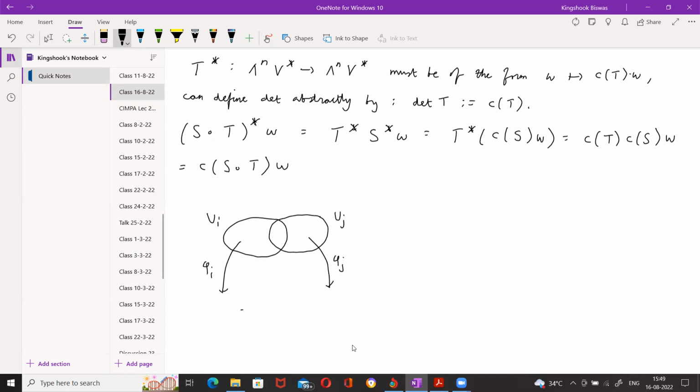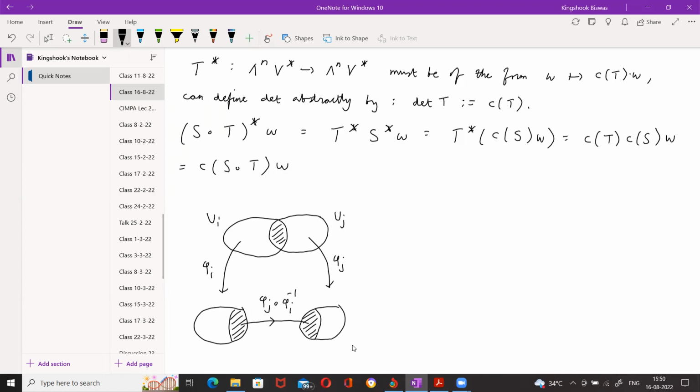These are mapping to open subsets in Rn. The intersection maps to some subset here, and it maps to some subset here. The change of charts is the map between these two shaded regions. This will be phi j composed with phi i inverse.